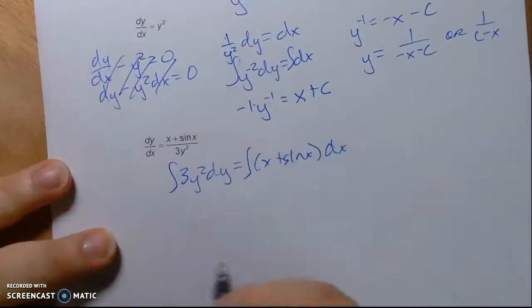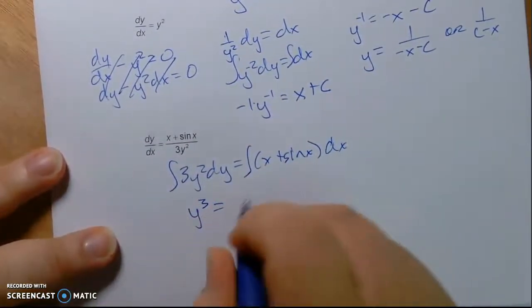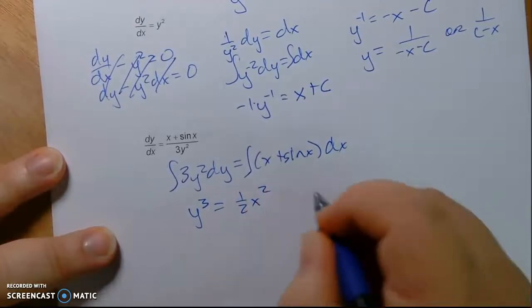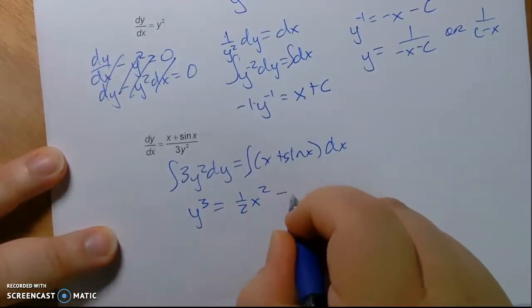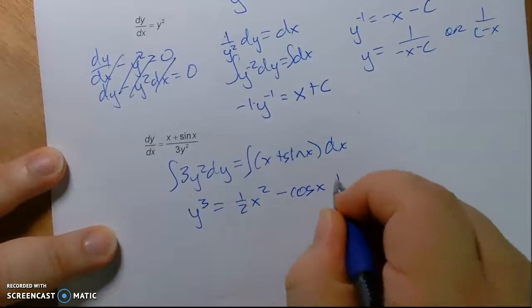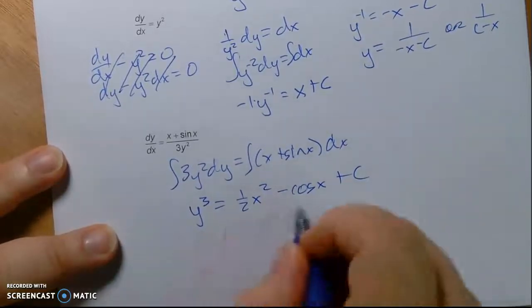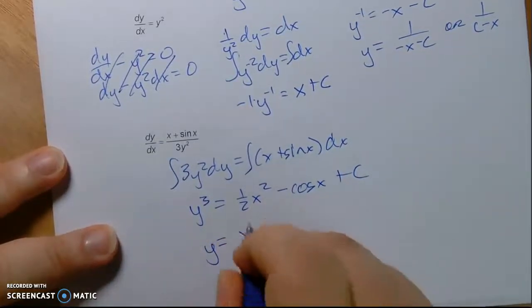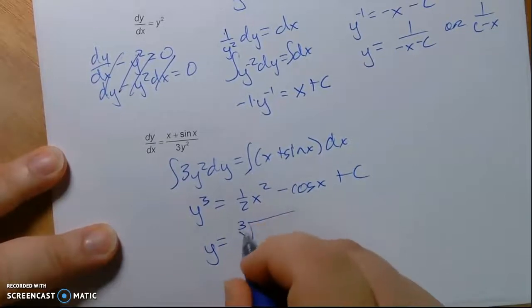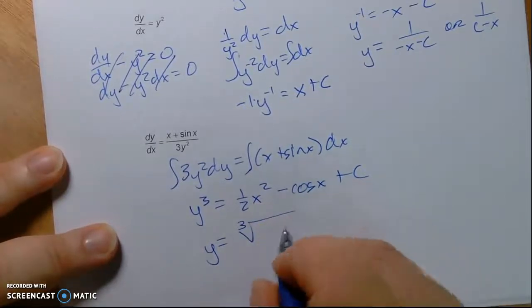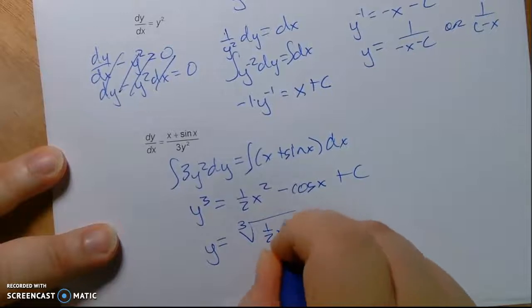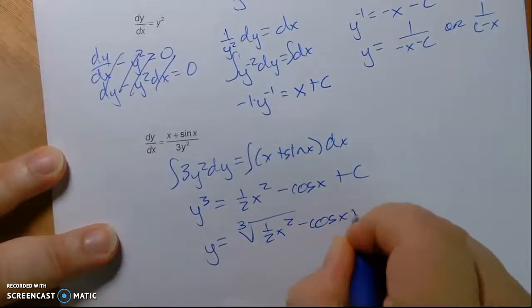Integrate. You get y cubed equals 1/2 x squared minus cosine x, and then still just the plus c. Take the cube root. Remember, for cubes or any other odd power, we don't do a plus or minus. y equals the cube root of 1/2 x squared minus cosine x plus c.